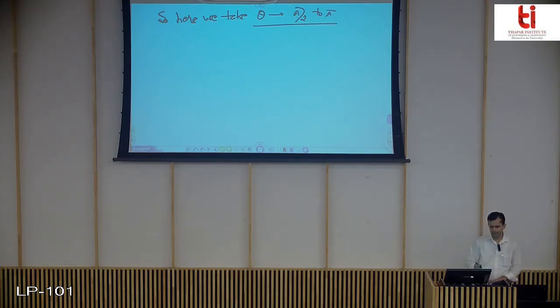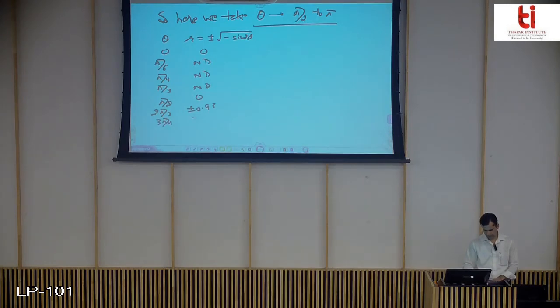Here I am plotting the other values also. At 0, r is 0. At pi by 6, pi by 4, and pi by 3, not defined. At pi by 2, 0. At 2 pi by 3, plus minus 0.93. At 3 pi by 4, 135 degrees, plus minus 1. At 5 pi by 6, plus minus 0.93, and at pi it is 0.